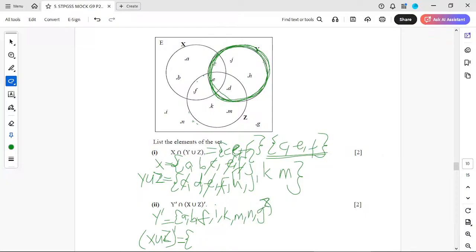Those are the elements that are not found in set Y.